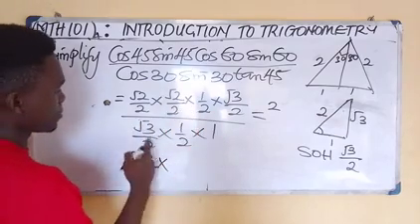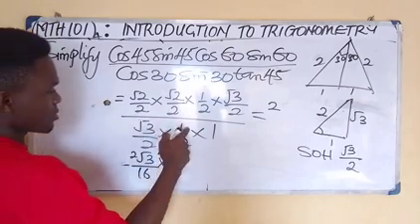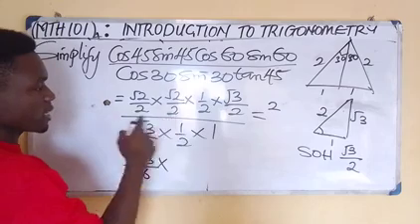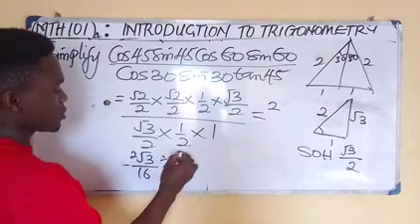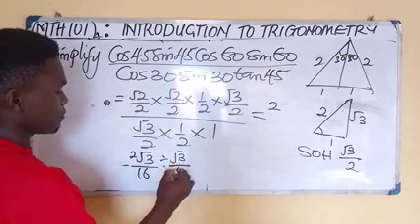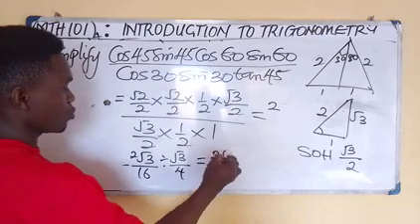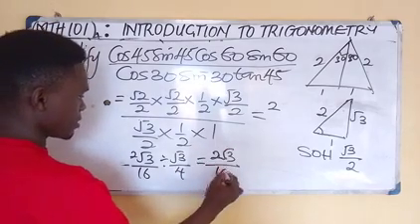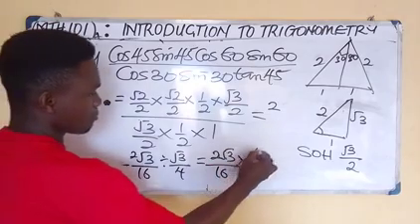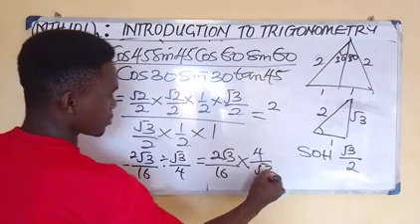Then don't forget there's a division sign here. Let me just take it step by step. Divided by root 3 over 4. This becomes 2 root 3 over 16 times 4 over root 3.